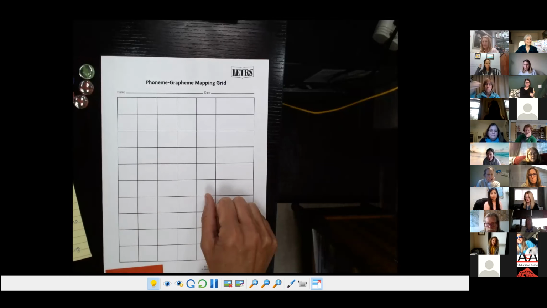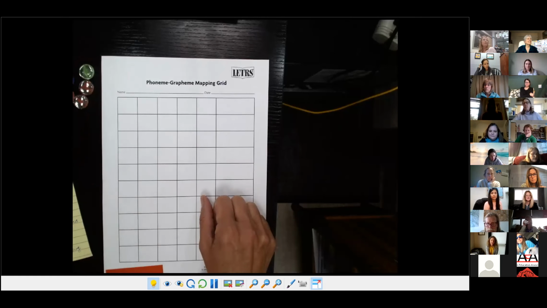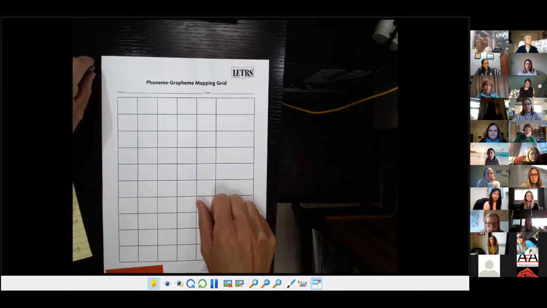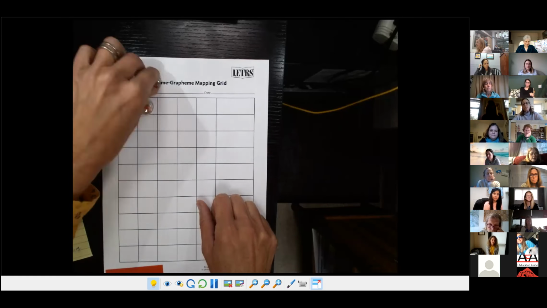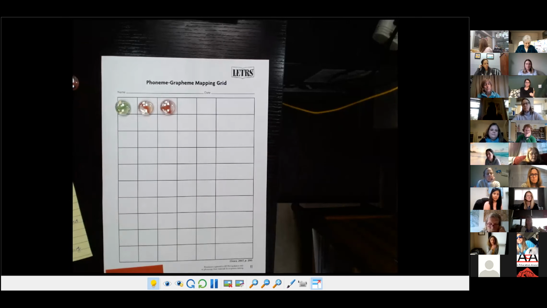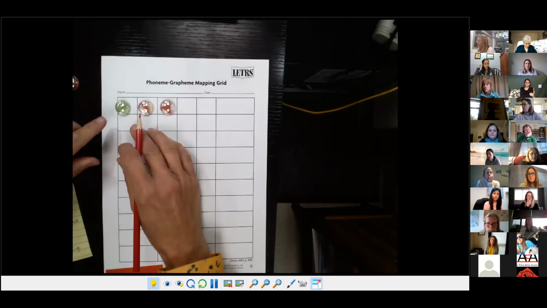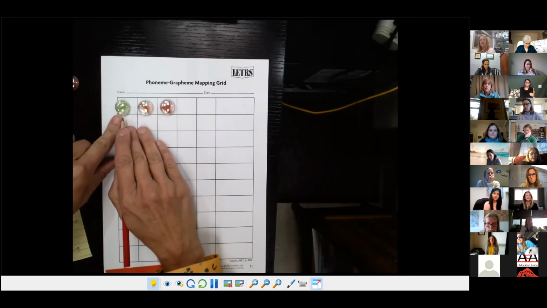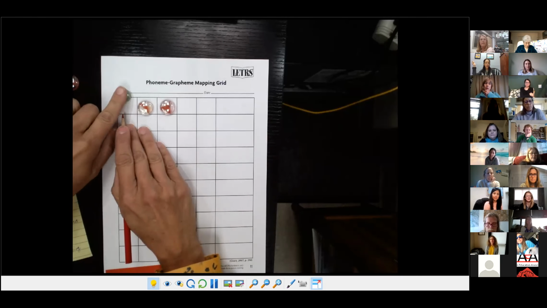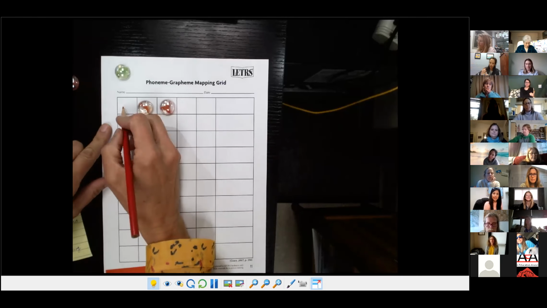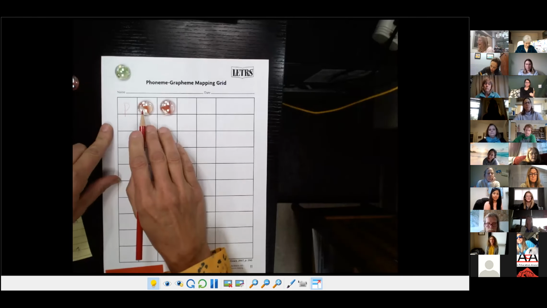Now we're going to integrate some letters into this. I'm going to use the word patch. Watch me. There's my word patch. And now I'm going to keep that and I'm going to go back to this. This was the sound. What sound? What letter? P. P. Great. What sound?